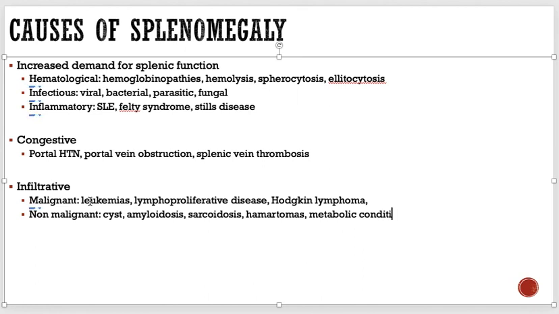What kind of metabolic conditions? All the lysosomal storage diseases, glycogen storage disease, Niemann-Pick disease, all these diseases can cause splenomegaly.